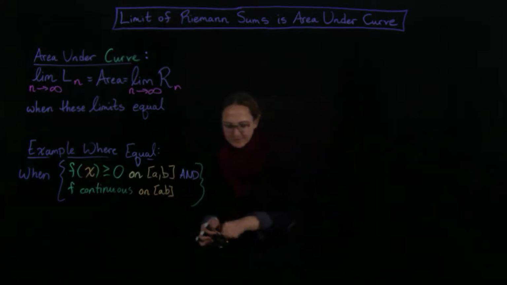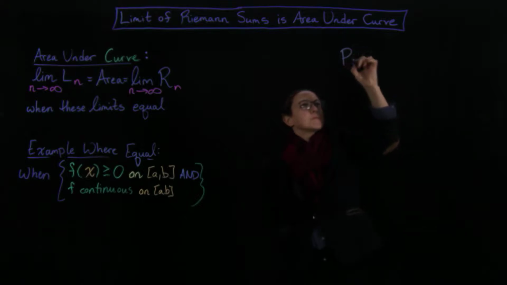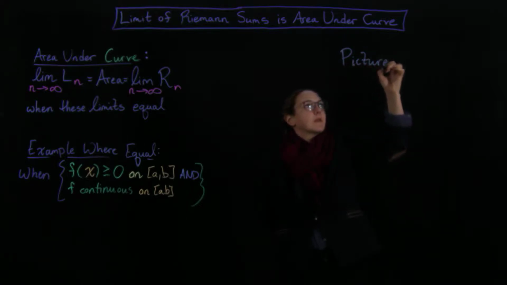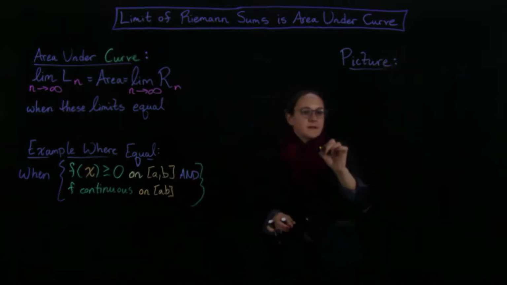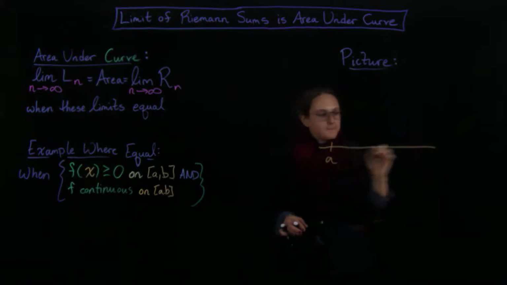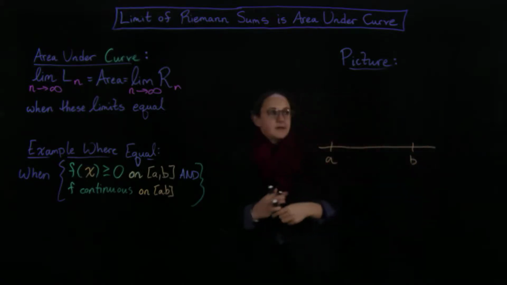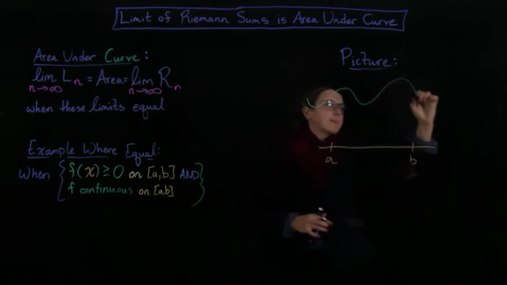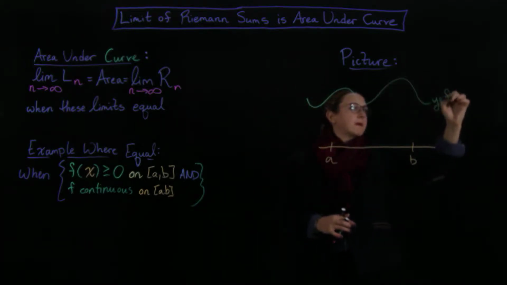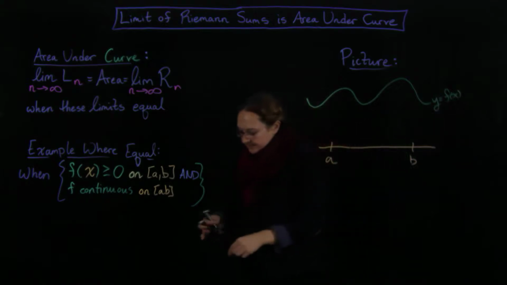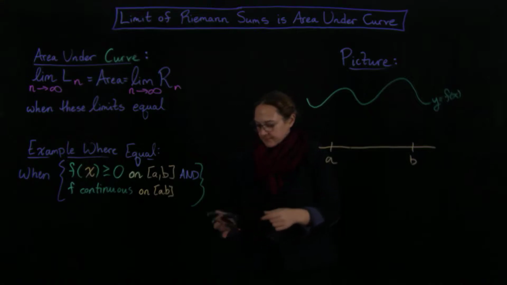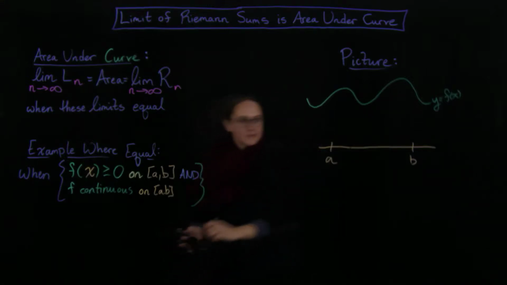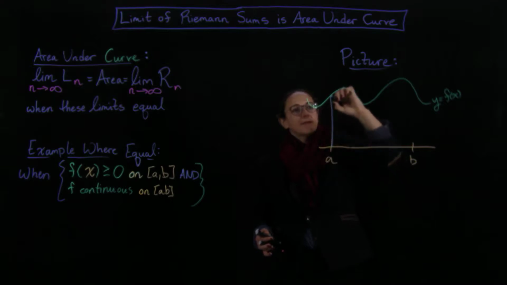So here's our picture. I've got my interval a, b, and I've got some kind of y equals f of x up here. I'm dividing this up. I was dividing these with blue before, so let's do that again.